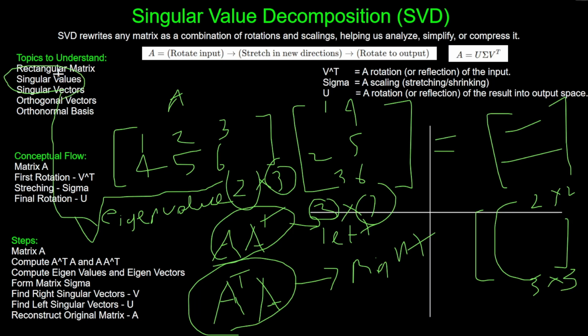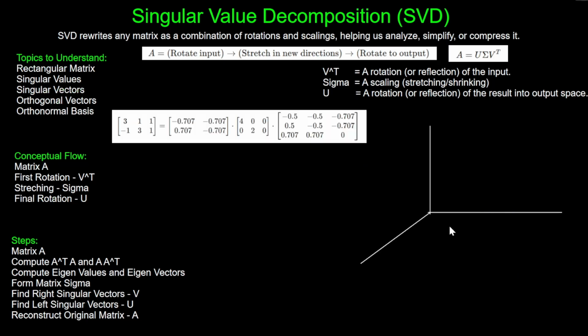Now that we know every concept, let's dive into the steps and conceptual flow. Let's understand this with an example. Here we have the transformation matrix A with the shape 2 by 3. The transformation is responsible for converting a 3D object into 2D.